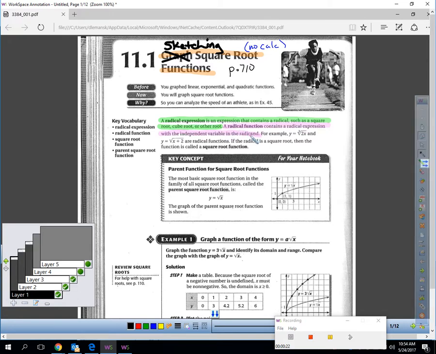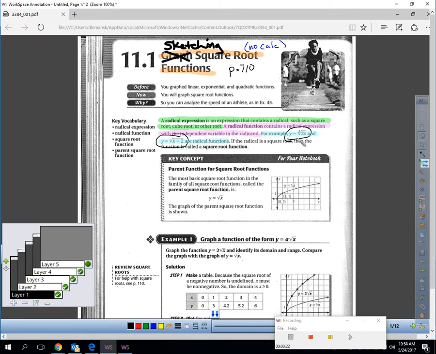A radical function contains a radical expression with the independent variable in the radicand. For example, these things that I'm circling would both be examples of radical functions because the independent variable, which is always x, is inside the radical.